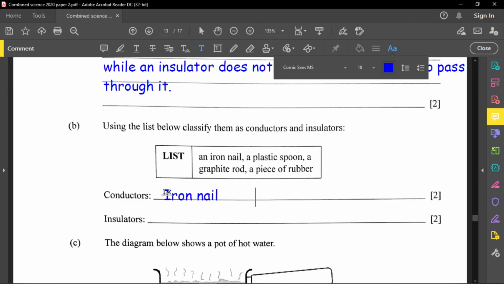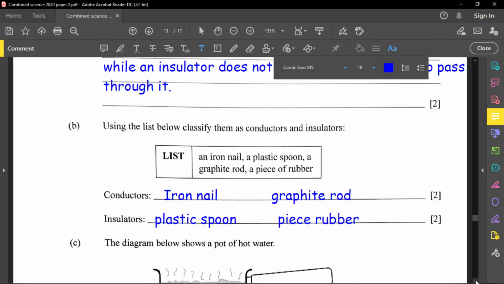And the graphite rod is also another conductor, and they can conduct both heat and electricity, by the way. And for insulators, we'll have our plastic spoon, and also the piece of rubber as well. The piece of rubber is also an insulator.